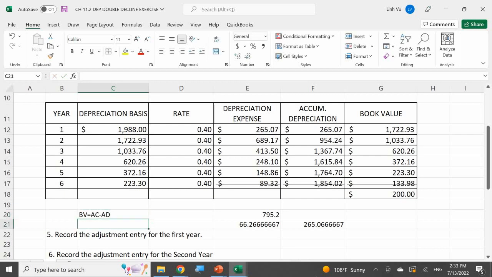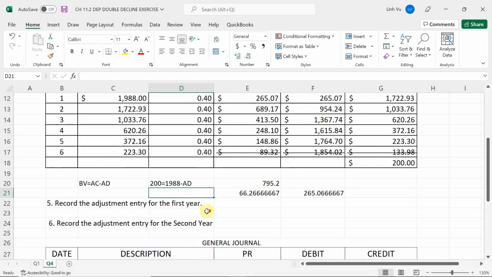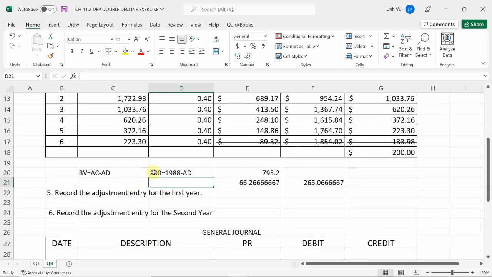Okay? So, how do we solve for that? If we know 200 is going to equal the book value, 1988 minus AD, right? How do we know how much we need to solve for? Do your math. How do you get to 200 from 1988?